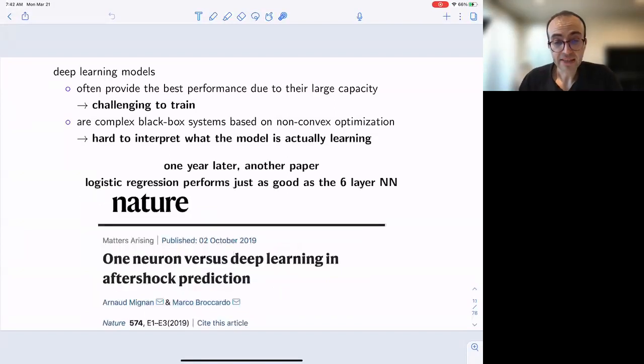Interestingly, 1 year later, a different set of authors published in the same journal a different paper showing that logistic regression actually performs just as good as this deep neural network, right? And this is quite strange. The first authors did not even consider a simple model like logistic regression, which is actually a one-layer neural network.